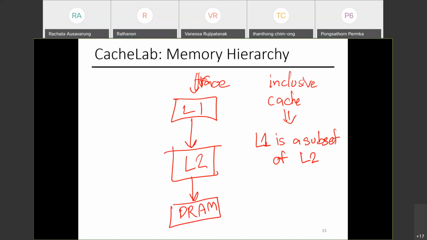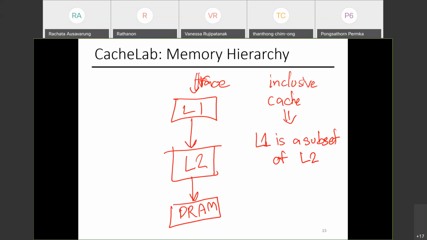Basically, if you have something in L1, that same thing would exist in L2. What does that mean? When you do insertion and eviction, when you have an access, basically when you have a read or a write, put that in both L1 and L2. Put that thing in both the L1 and the L2.